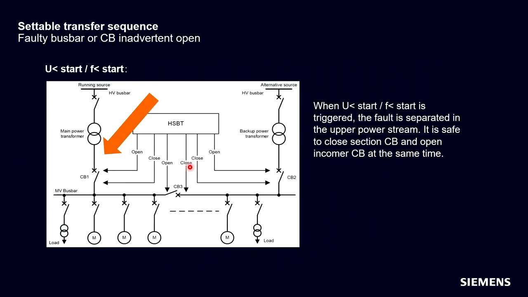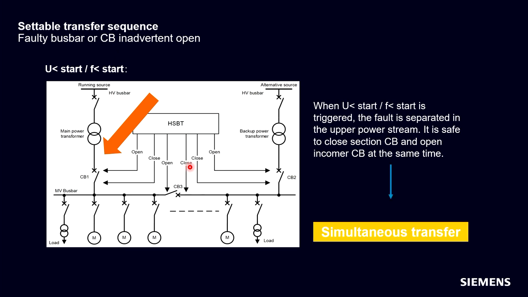For example, if we have an inadvertent open of the circuit breaker, then we can do that also, or it is normally also sequential or simultaneous transfer, because the circuit breaker is already open, and then we can use the simultaneous transfer here.